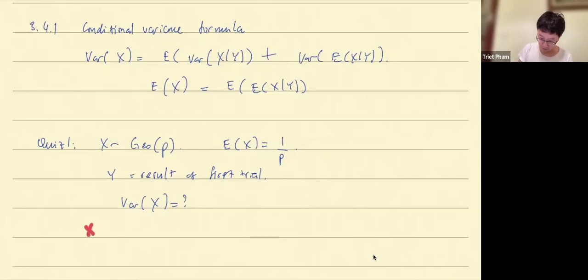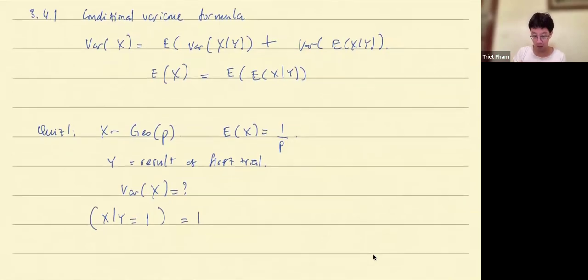Start with the conditional distribution analysis. So X given Y equals 1: if the first trial is a success, then you only need 1 trial to find the first success.